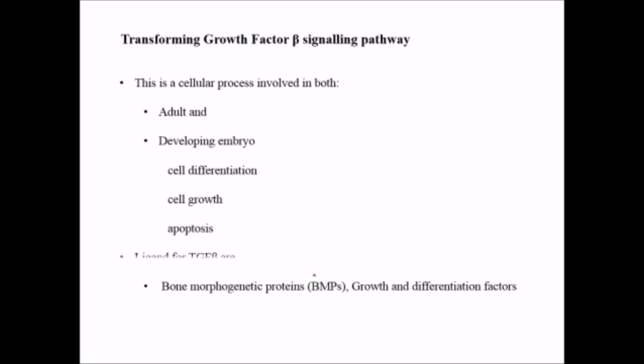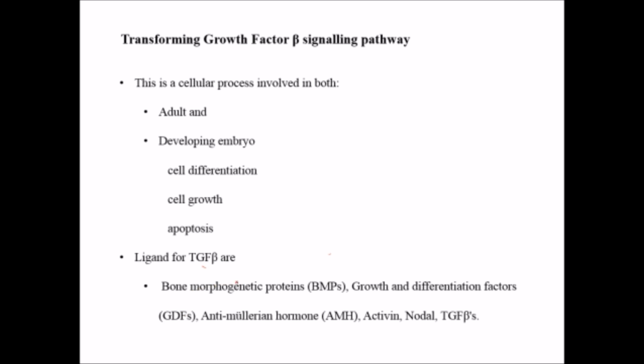This is the transforming growth factor beta signaling pathway. It is a cellular process involved in adults as well as in the developing embryo. In the developing embryo, it controls cell differentiation, cell growth, as well as apoptosis. Apart from activin, there are other ligands for TGF beta.